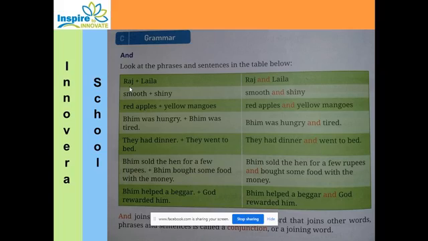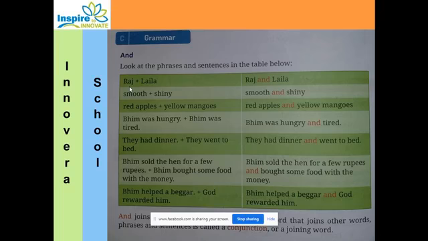Now, in the English language, how can you avoid using this plus, and what can you use instead of plus? See the right-hand side table. First is Raj and Leila. Raj and Leila are joined by the word and.